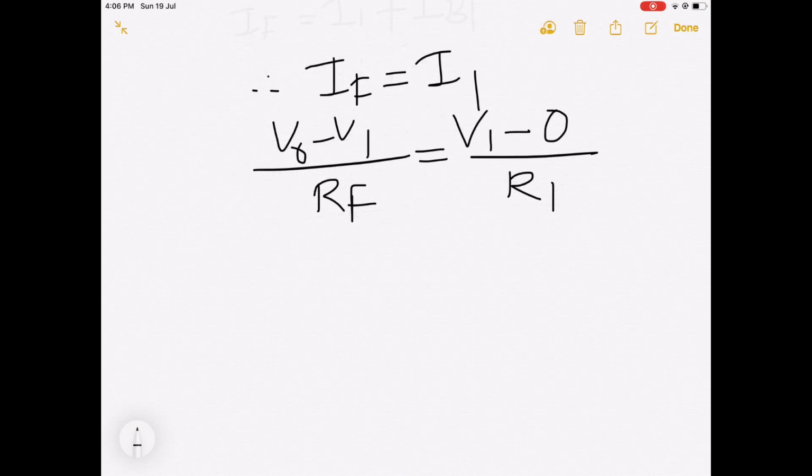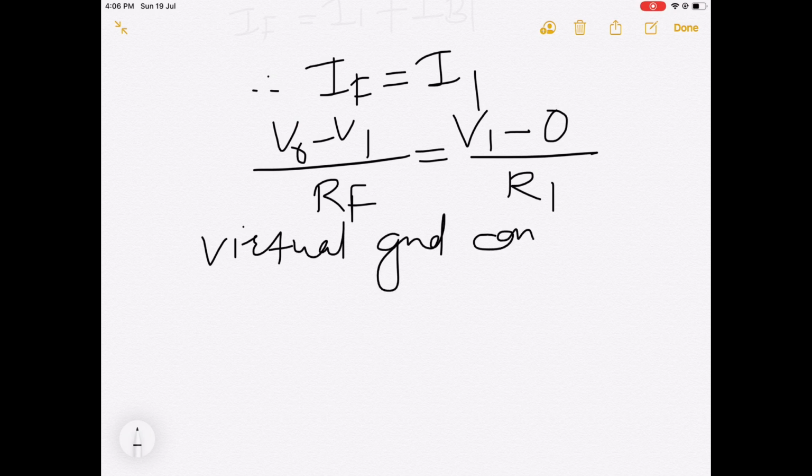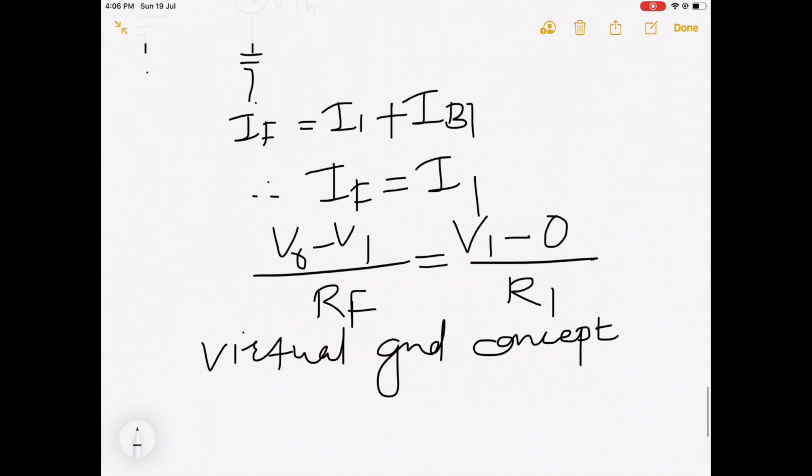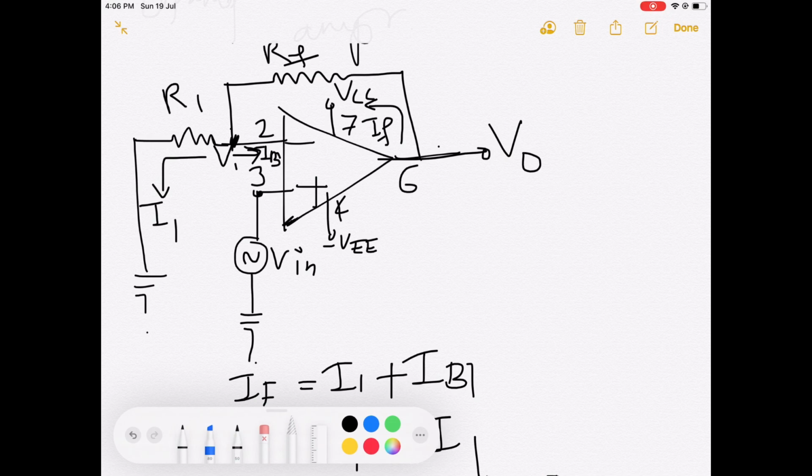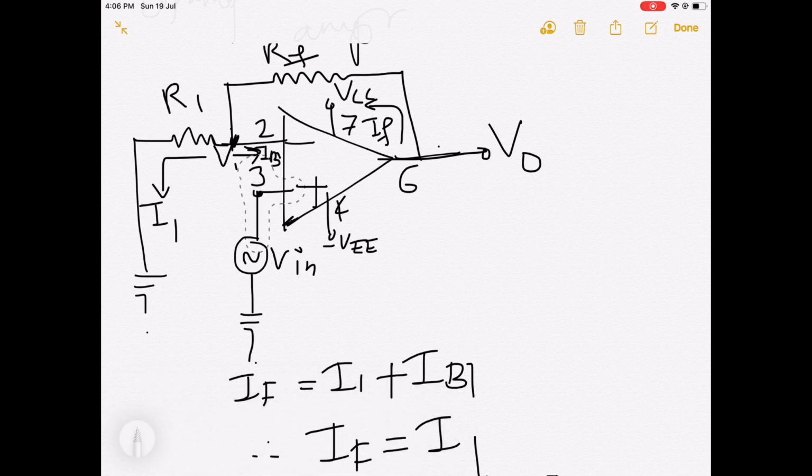Yes. By the virtual ground concept, if you observe the circuit diagram, this terminal voltage is Vin and this terminal voltage is V1. As Vin is applied at this terminal, it will be the same as V1 by the virtual ground concept.